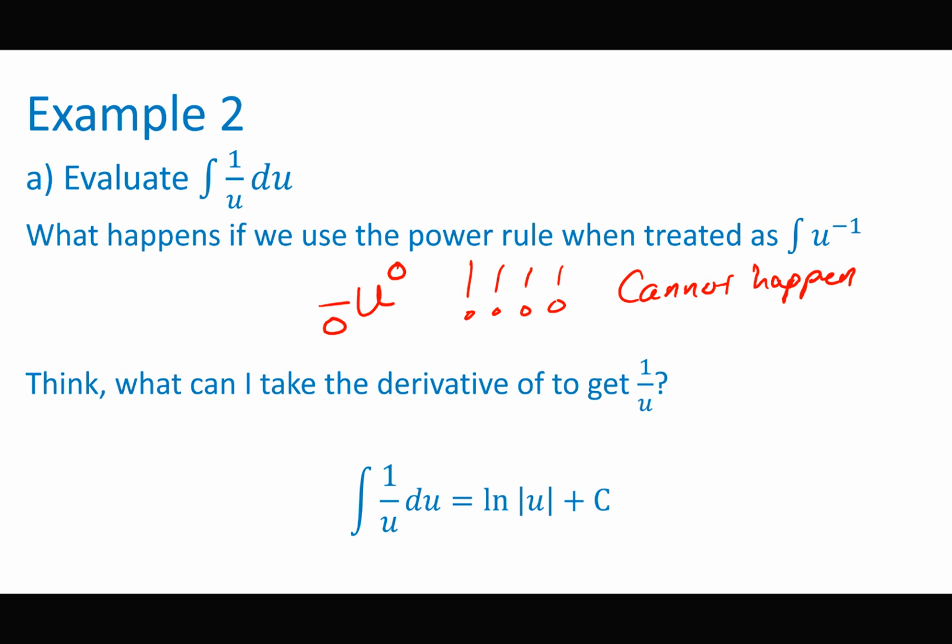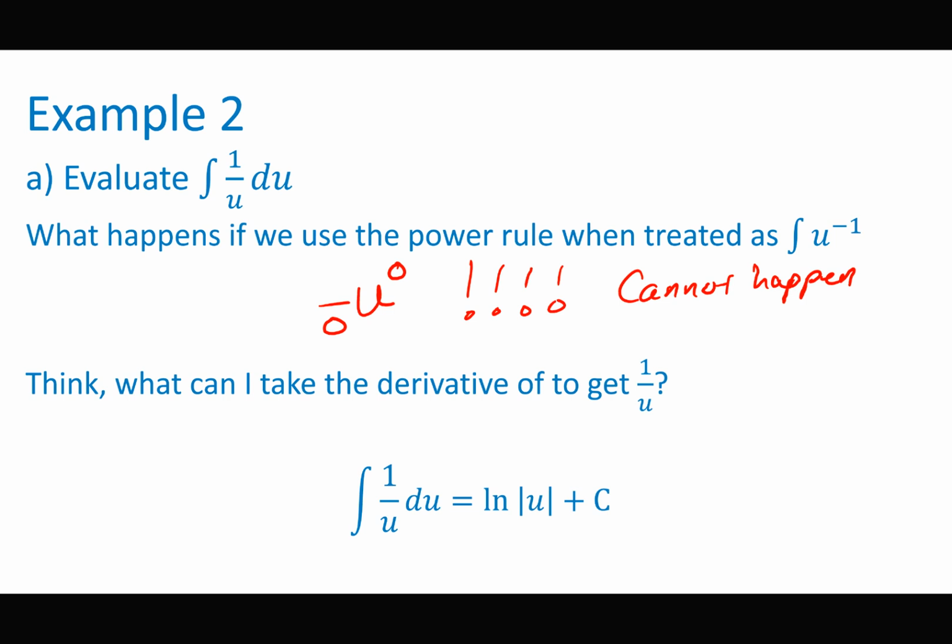This is one you need to study, practice, and be able to work with, because it's very common that we end up with an integral with some function in the denominator that we are going to anti-differentiate, and we need to know that that ends up being natural log of u. They put u in absolute value because you cannot take a natural log of a negative number. And so it's the natural log of the absolute value of u.